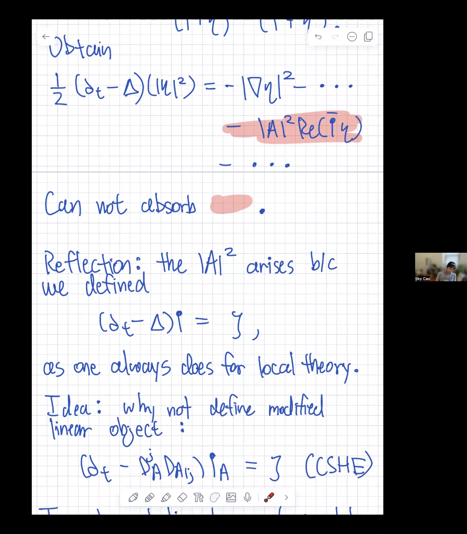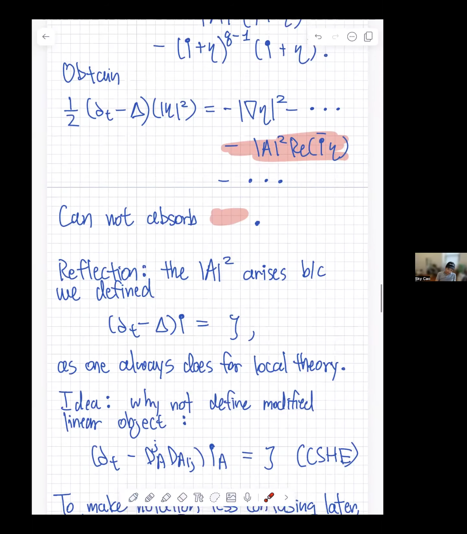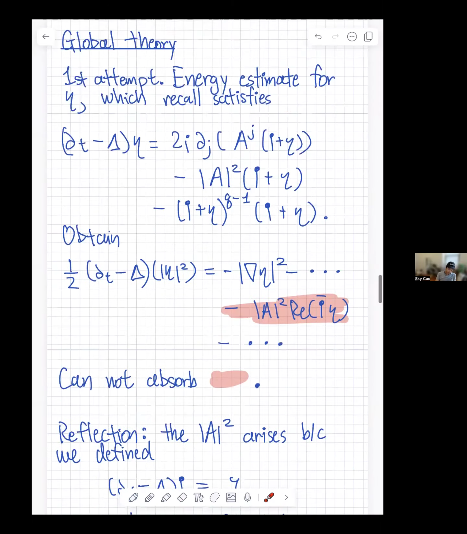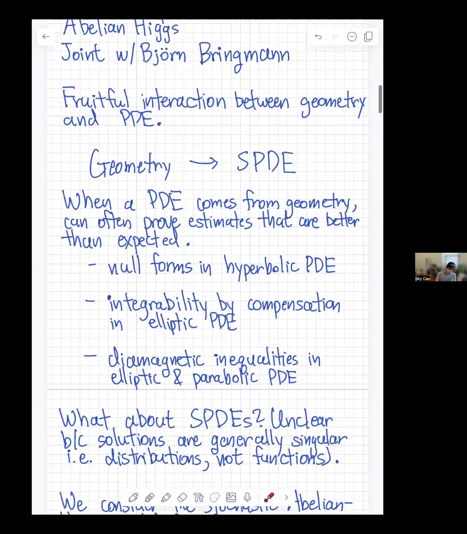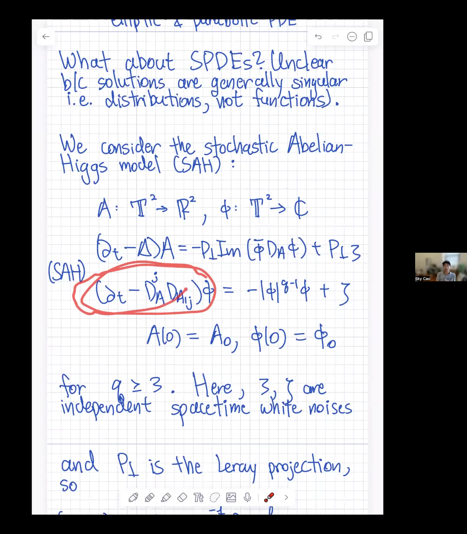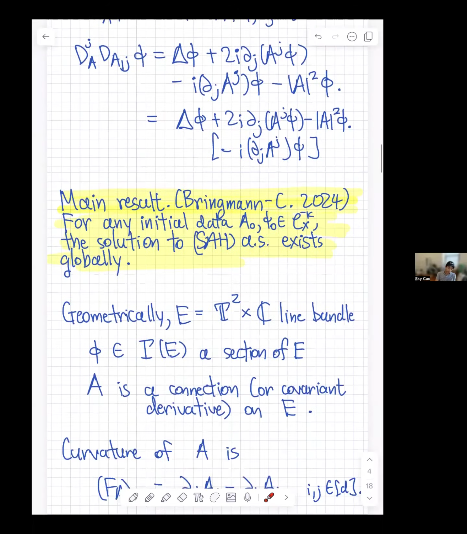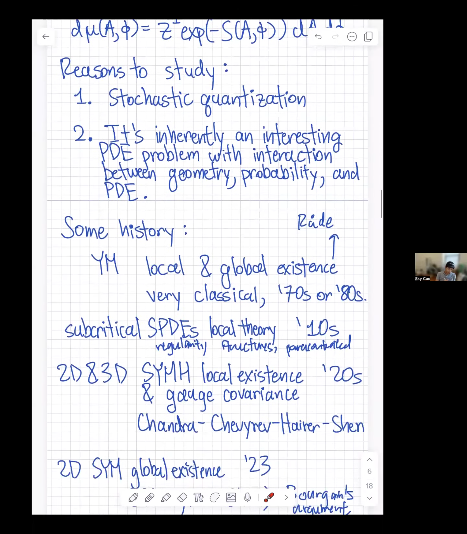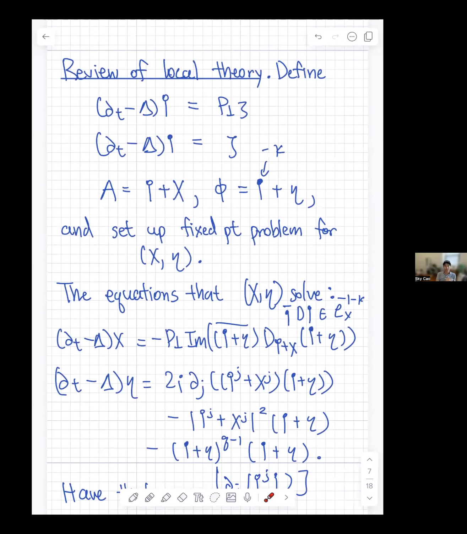If you recall, way back, the Abelian-Higgs equation, maybe let me try to skip back there. The phi equation has this geometric Laplacian, right? I mentioned this in the beginning. Whereas when we were doing local theory, and this is again what you always do, you define the object using the usual Laplacian. I'm saying that's not a good idea. What you really want is to define this object using not this heat operator, but the geometric one.